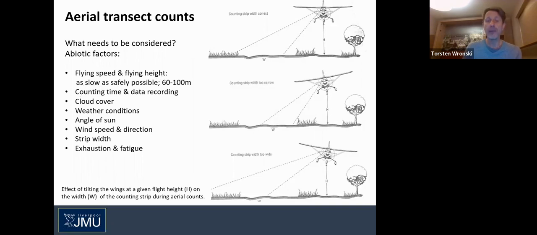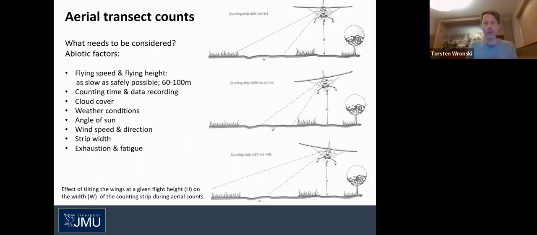In our previous example, 90 meters, it should be somewhere between 60 and 100 meters. The speed, as slow as safely possible. And we need to think about the counting time in the morning, during the midday, or in the afternoon. And we need to think about how to record the data.